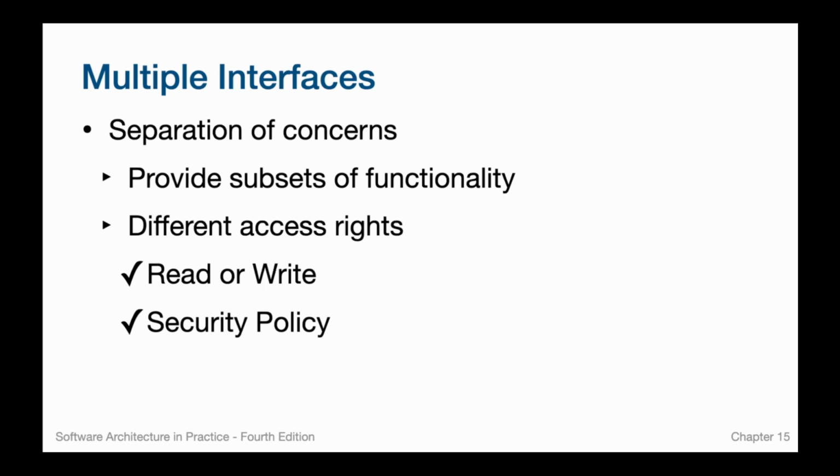Conversely, the provider of an element might want to grant actors different access rights, like they might want to grant read or write, or they might have a security policy. So by splitting it into multiple interfaces, we can support these different levels of access.